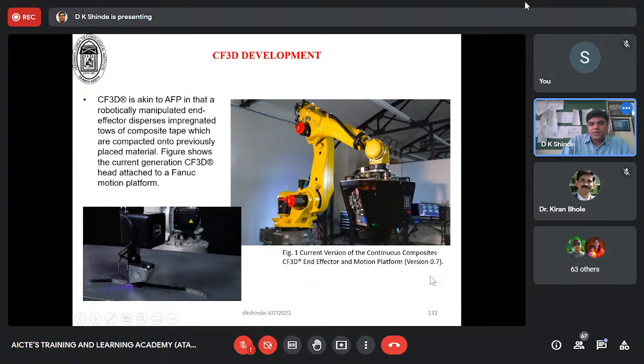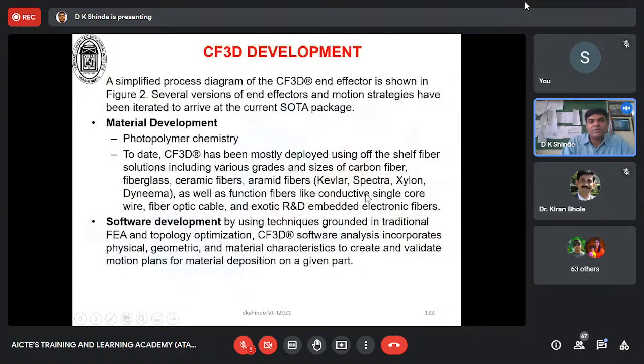So currently people are using this in industry to build big continuous 3D printed structures. What is required for this kind of 3D printing is several versions of end effectors, motion strategy between them, and photochemistry for curing.